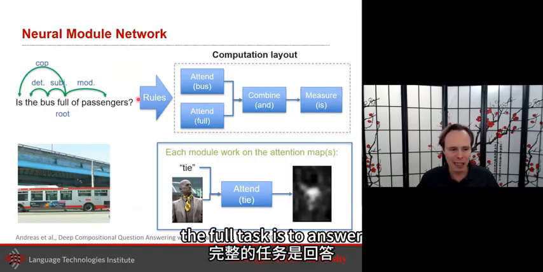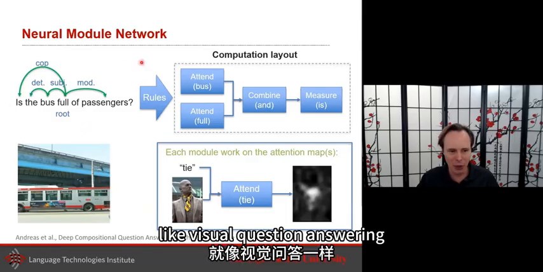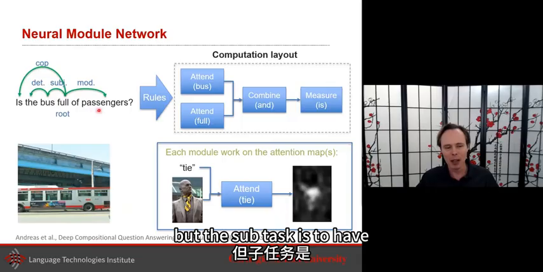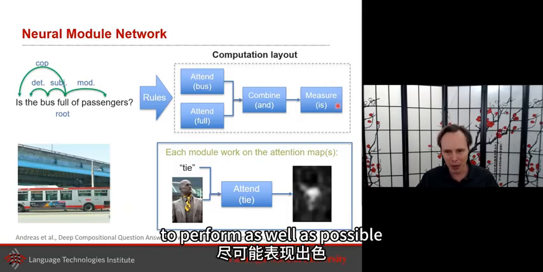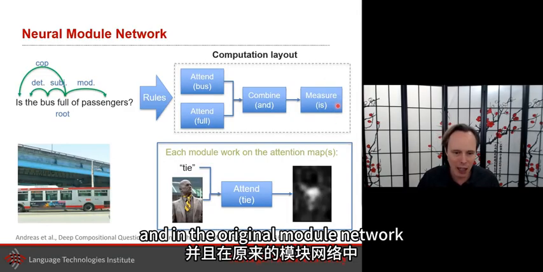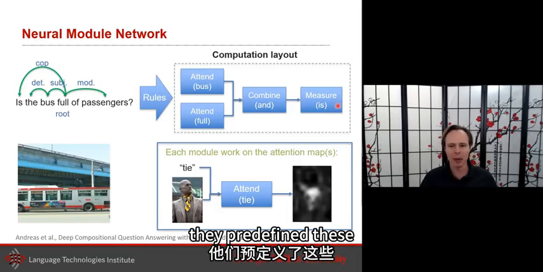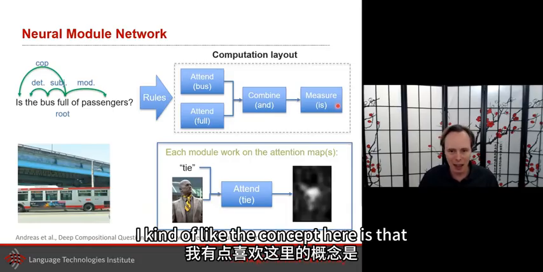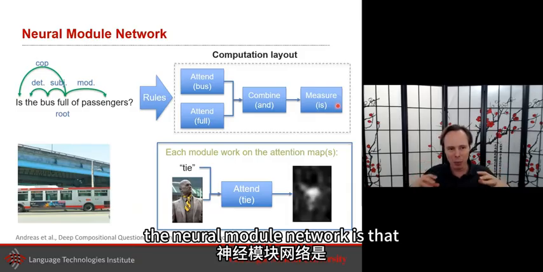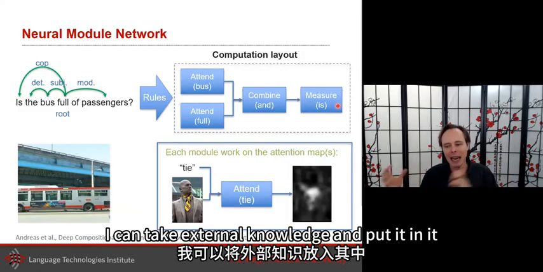The full task is visual question answering, but the subtask is to also train each of these modules to perform as well as possible. In the original module network, they predefined these, and that's why I like the concept here: with the neural module network I can take external knowledge and put it in.